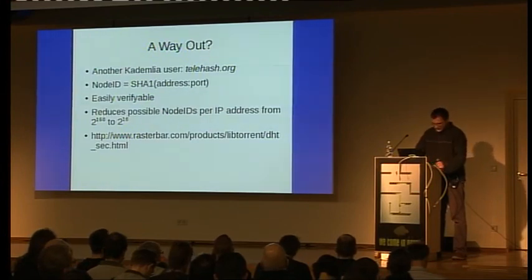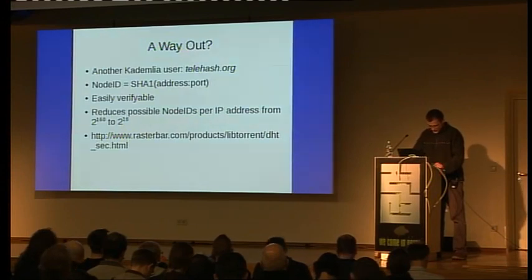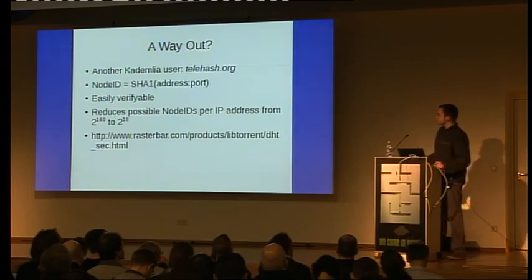I recently got notice that this has been proposed for BitTorrent, notably not on bittorrent.org. The problem, they plan to have a transition period where they start to implement this hashing, still accept random node IDs, so the system doesn't break down.